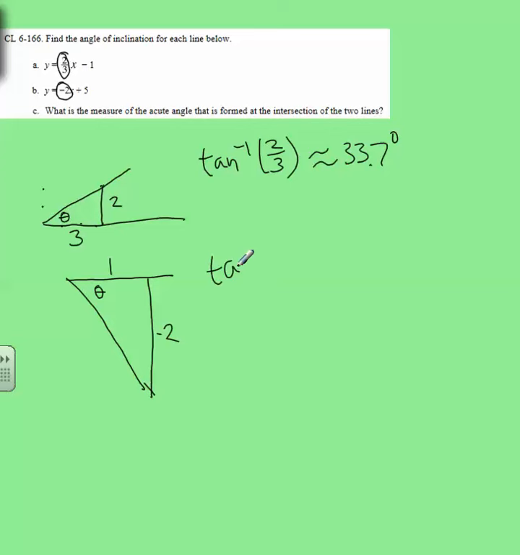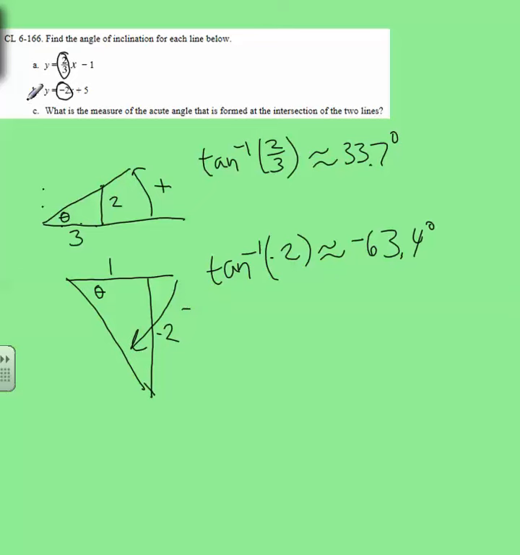So the inverse tangent of -2 gives us -63.4 degrees. And this should make sense in a unit circle. An angle moving this direction is considered positive, and an angle going in the negative direction is considered negative.